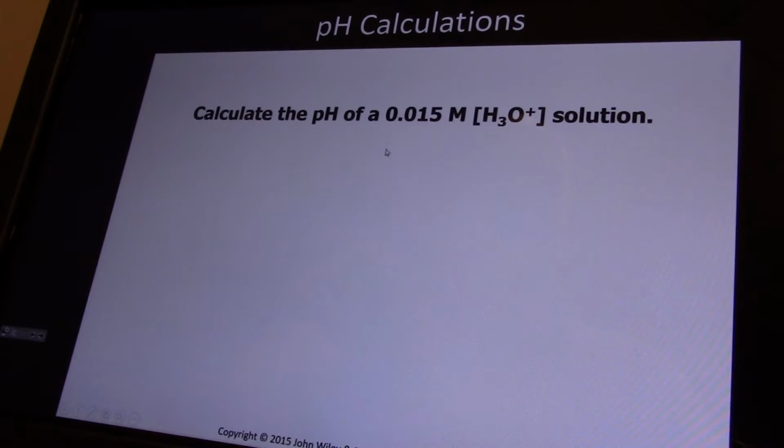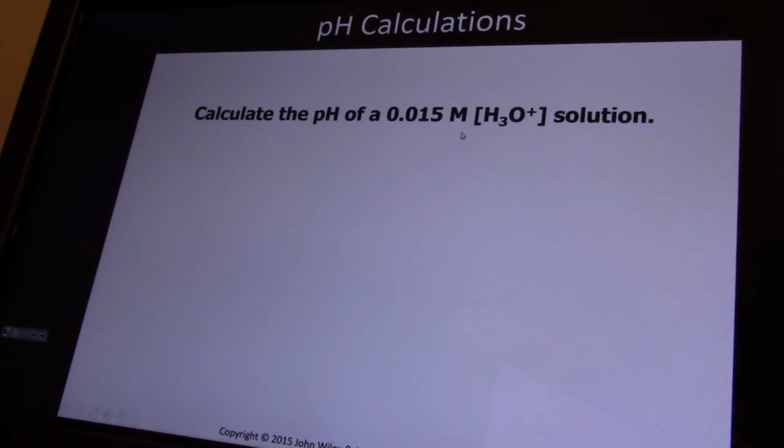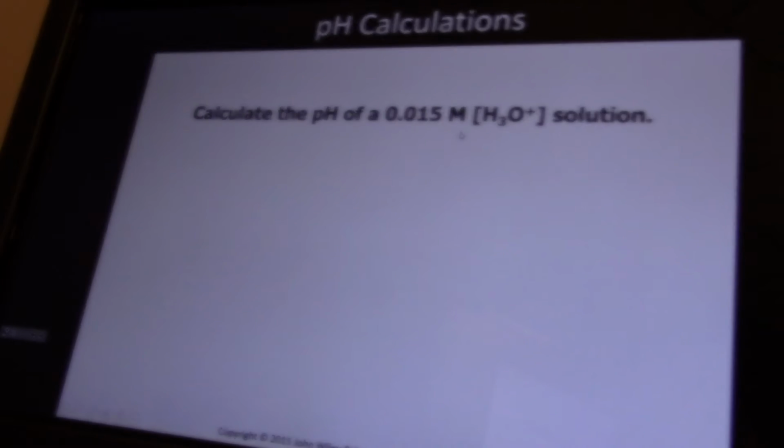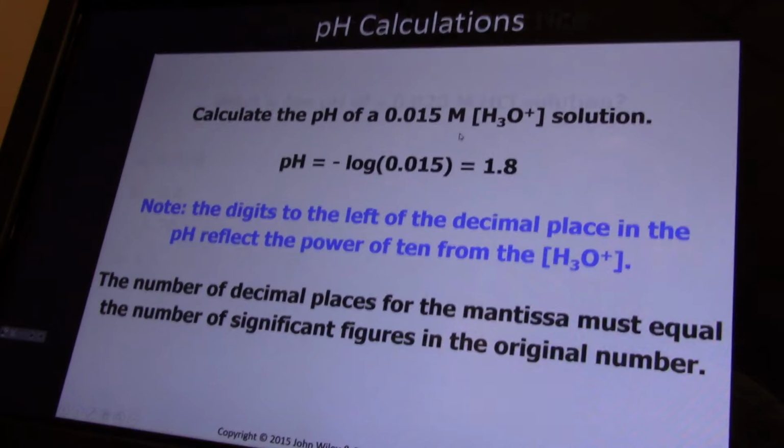All right, give me the pH of a solution of 0.015 molar H3O+. We take the negative logarithm of 0.015 molar, and we get 1.8.